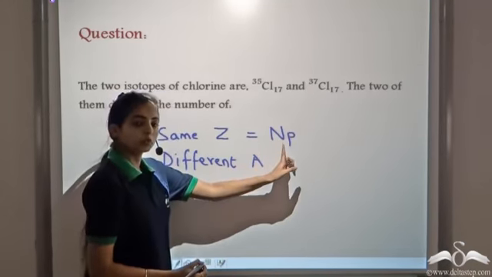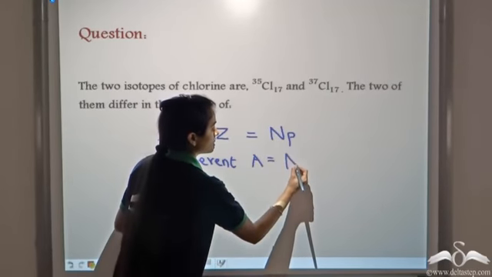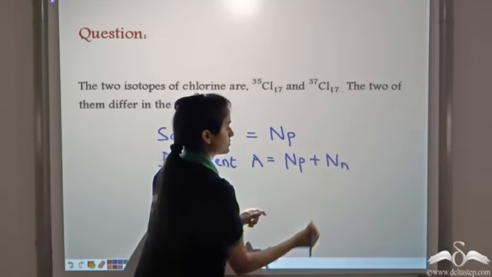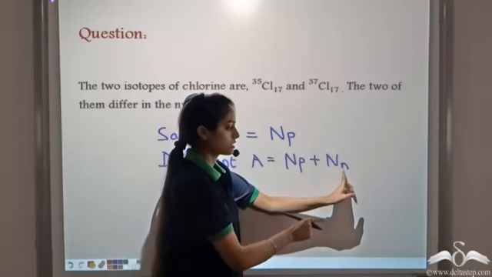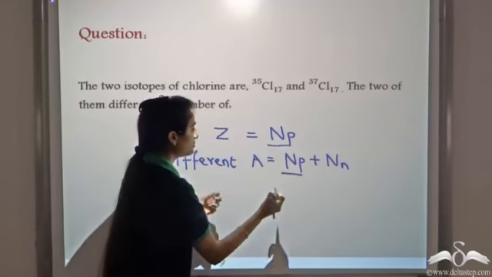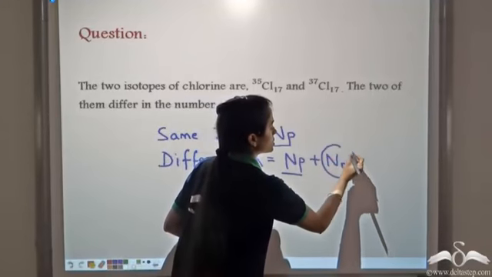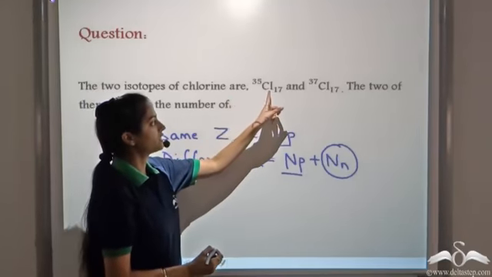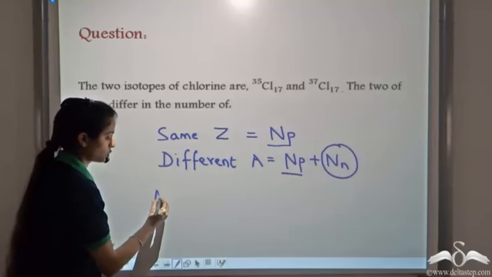Let's denote the number of protons by Np, and the mass number is the total number of protons and the total number of neutrons. So let's use this representation. Np denotes the total number of protons, and small n denotes the total number of neutrons. As the number of protons remains the same, because they have the same atomic number, the only change is in the number of neutrons. So the two isotopes of chlorine, 35Cl17 and 37Cl17, differ in the number of neutrons.